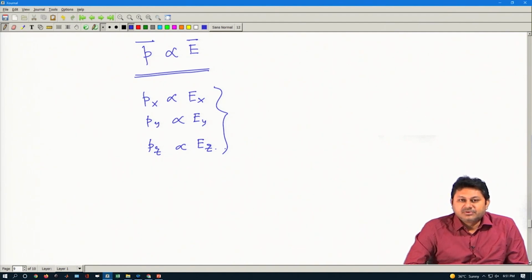We will discuss that in the next class, and also try to understand, based on the concept of dielectrics, the bound charge and bound current, the bound volume charge density and bound surface charge density in the form of polarization.